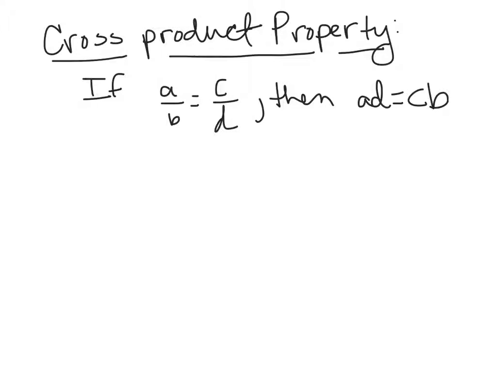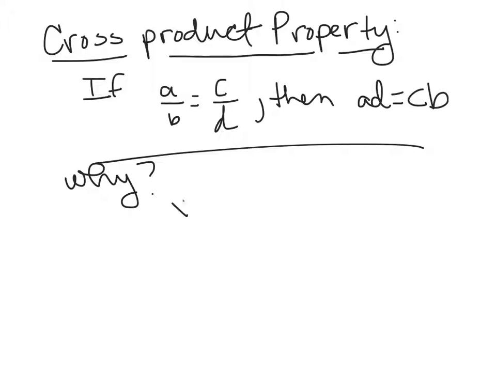So we usually use what's called the cross product property to solve proportions. We know that if A over B is equal to C over D, then A times D is equal to C times B. And what this is, it uses the multiplication property.